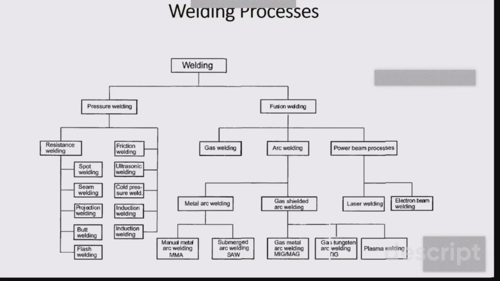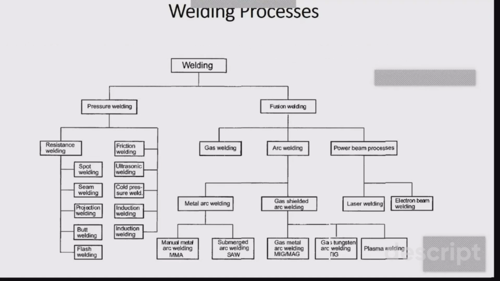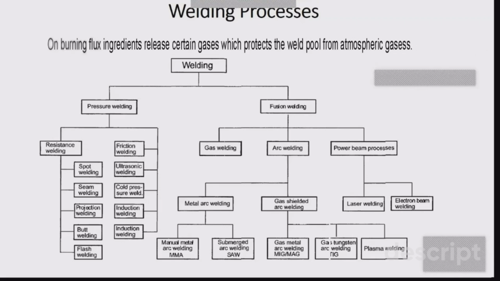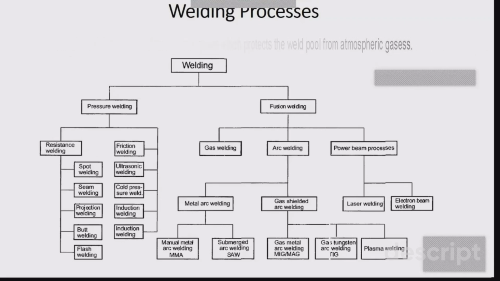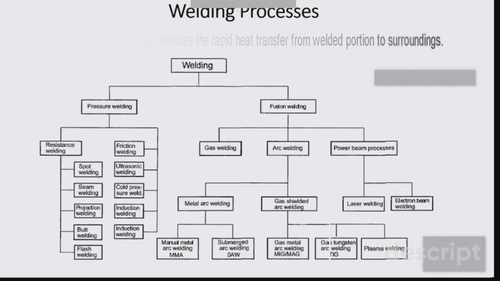And there are certain applications of your electrode. One application, I have told you, is that it is used to fill the gap between the workpieces. The second use is to protect the weld pool from atmospheric oxidation. The third use is to protect the workpiece from rapid cooling or quenching of the weld metal, because there will be a high temperature gradient which causes thermal stresses to be locked inside the weld metal.